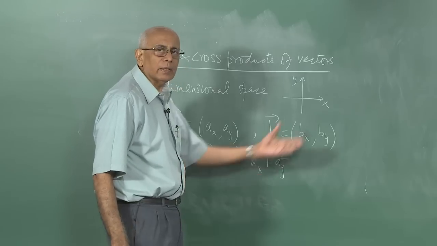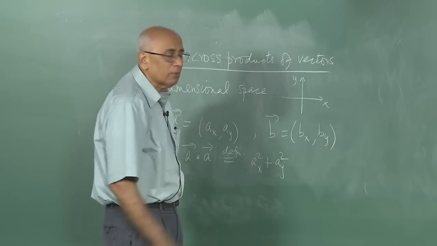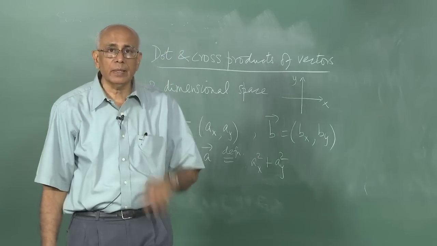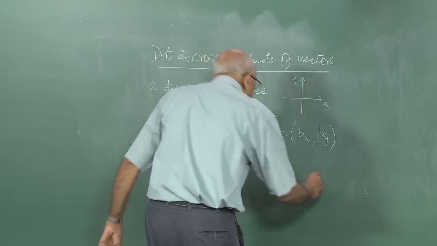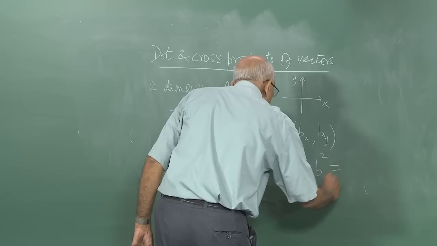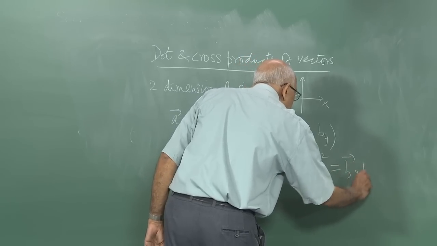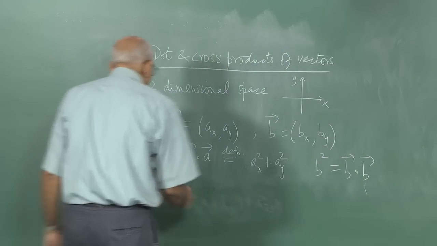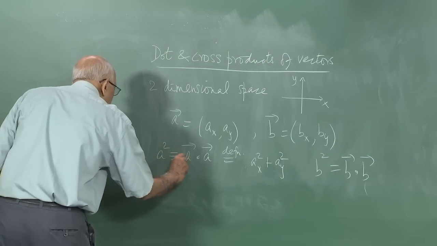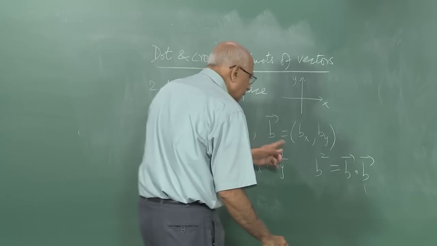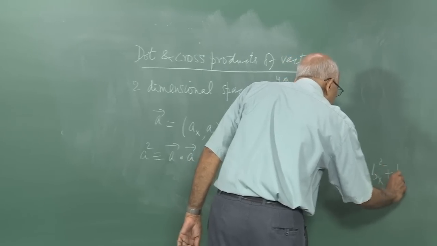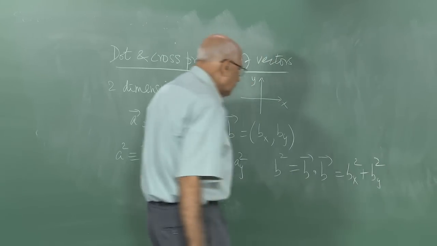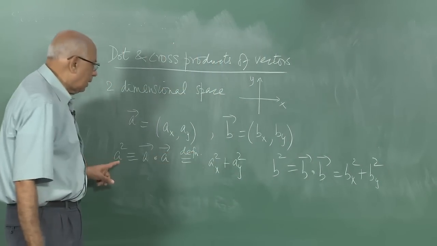We have seen that already, that it is a scalar, explicitly from the fact that x and y had those trigonometric transformations. Similarly for B, we have B squared equal to B dot B, and it is conventional to write this as B squared without a vector symbol, and this is B_x squared plus B_y squared. This is a scalar.